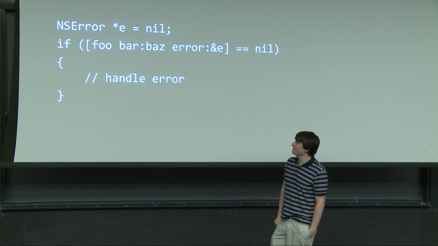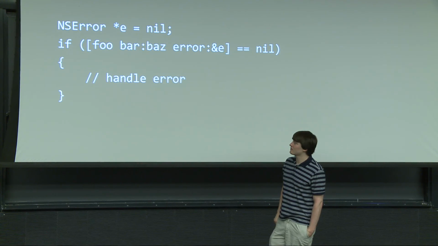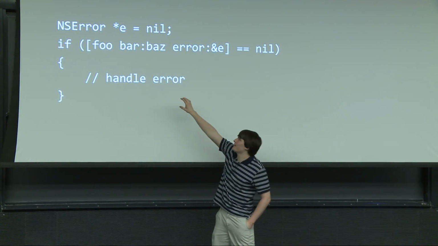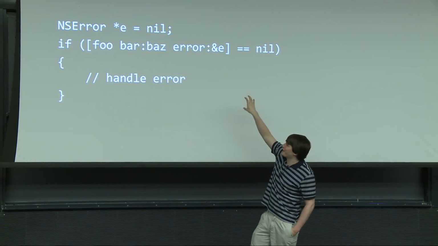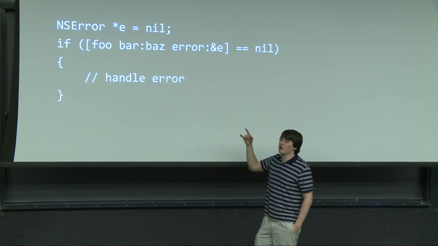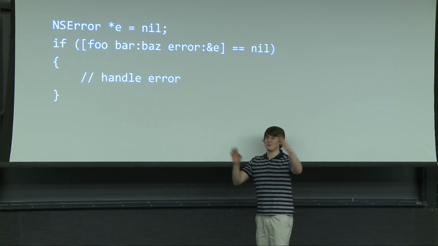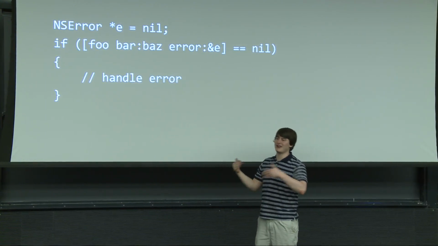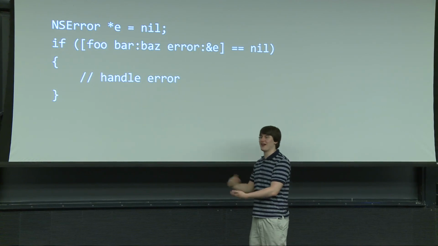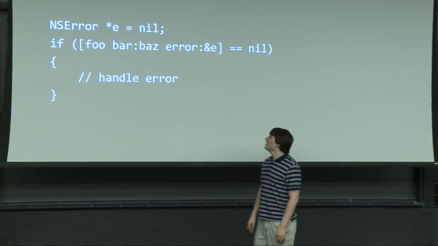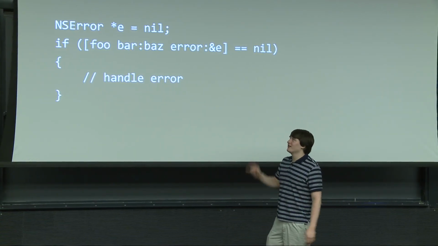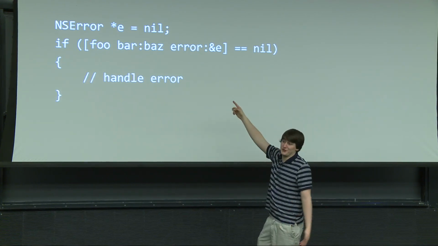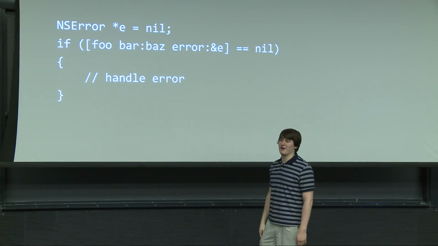So if something goes wrong, then the method has to return nil? Well, the method is bar colon error colon. But if something goes wrong, that's just like when you read the documentation, it'll say if something goes wrong, nil will be returned and error will be set to some NSError. It's also possible that it will return void, and then it's up to you to see if E is still nil, and that's the way you know there was an error.